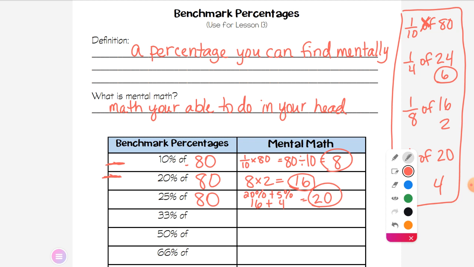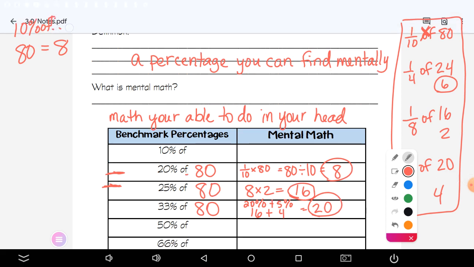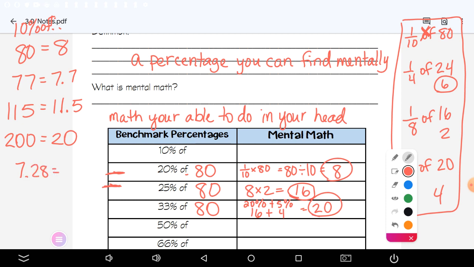We know that 10% of 80 is 8. 10% of 77 is 7.7. 10% of 115 is 11.5. Of 200, it's 20. Of 7.28 is 0.728.